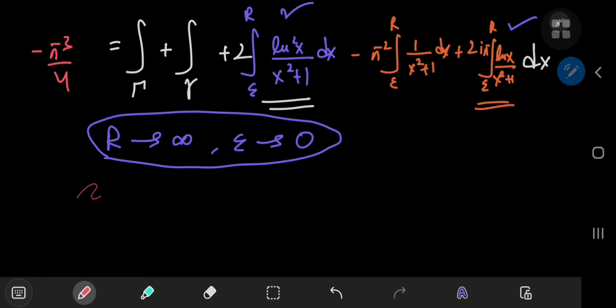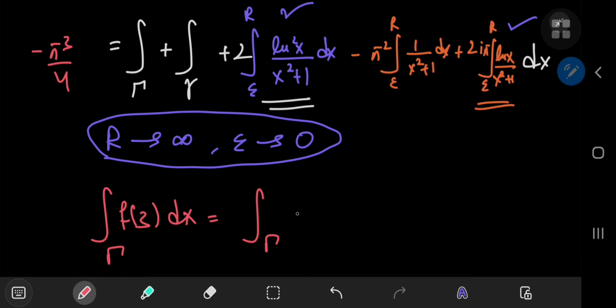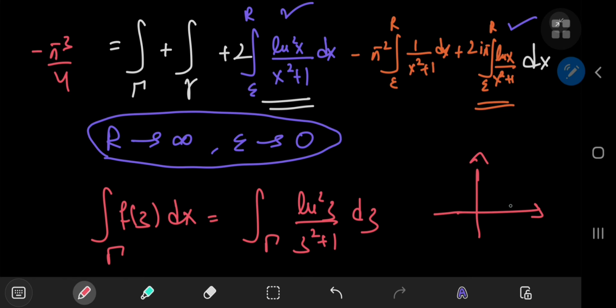Okay, so first up, let's consider the integral over the contour gamma. So this integral equals the integral over gamma of the square of the natural log of z divided by z squared plus 1 dz. And we remember what this was, right? This contour here was that big semicircle of radius r, right?